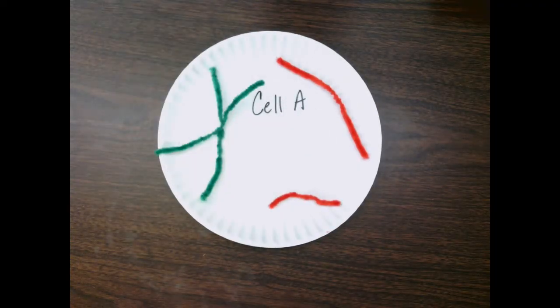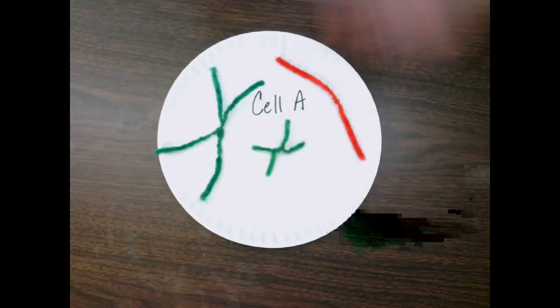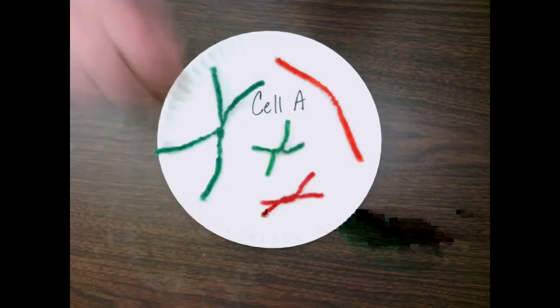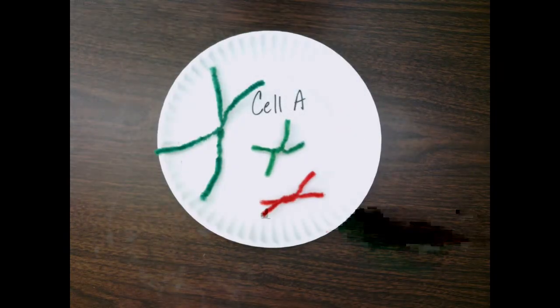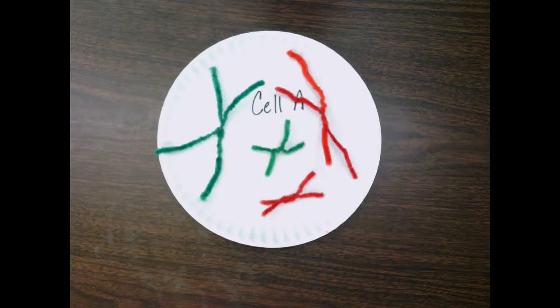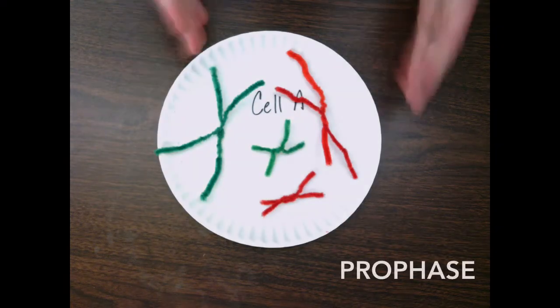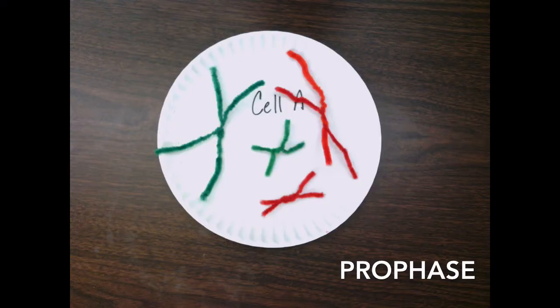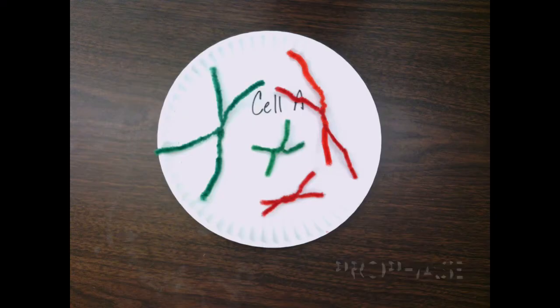So I'm just going to match those up real quick, twist those together to form all my chromosomes. So chromatids are now forming chromosomes. This phase is called the prophase. This is when you can actually start to see the shape of the chromosomes in the nucleus. The nuclear membrane is actually broken down.